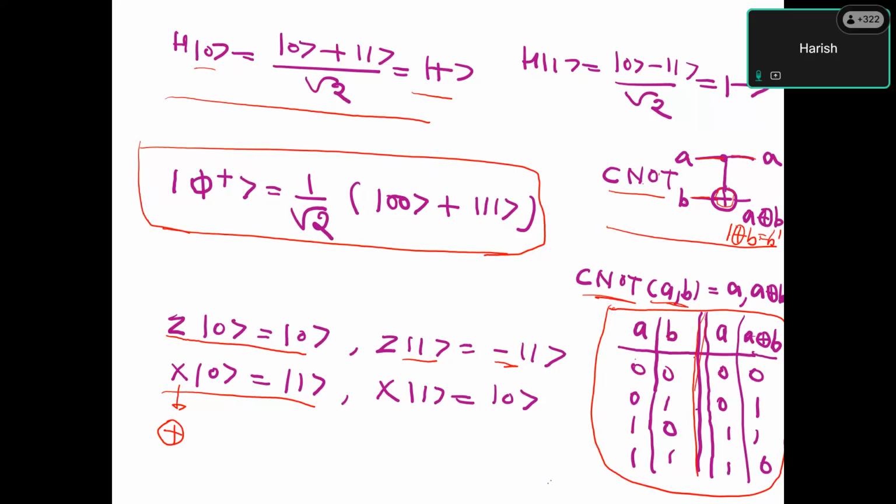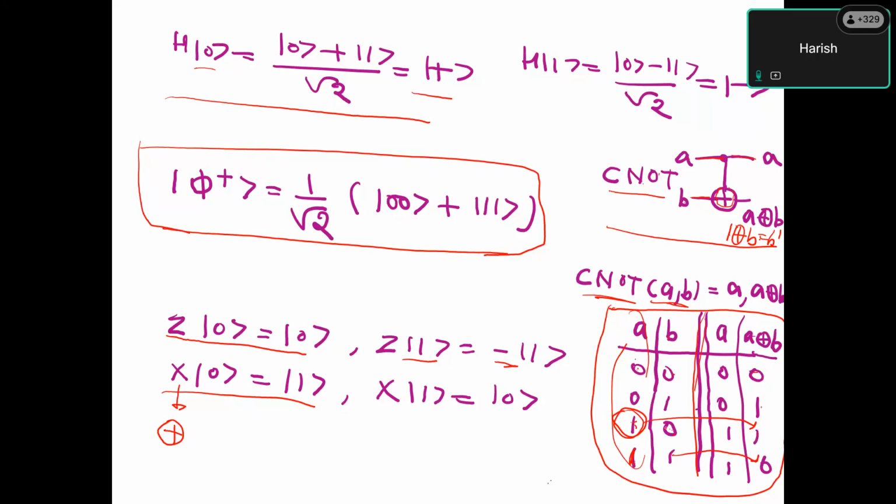So A will be the same as in the first column, and B will change as per A XOR B. So 0 XOR 0 is 0, 0 XOR 1 is 1, 1 XOR 0 is 1, and 1 XOR 1 is 0. What we are observing here is that whenever the control qubit A is 1, it will flip the B qubit, making it 1, or changing it to 0.